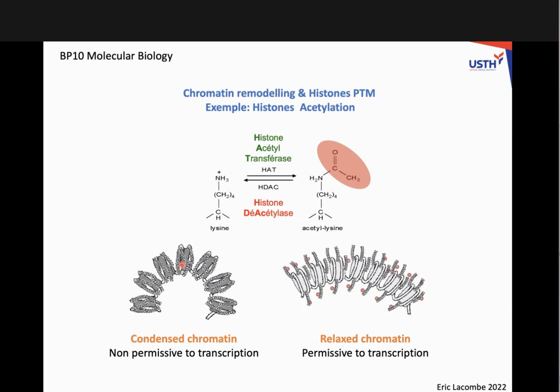But in order to express it, you just need to change the configuration of chromatin from condensed to relaxed through the activity of histone acetyltransferase, and then the gene will be located in the part of the genome where it's relaxed, and so the transcription can happen. So it means that there are some situations where the activation of a gene only comes from the change of the chromatin compaction.